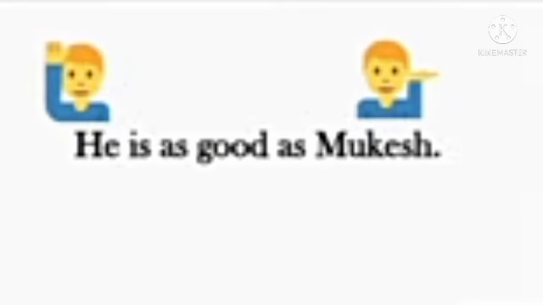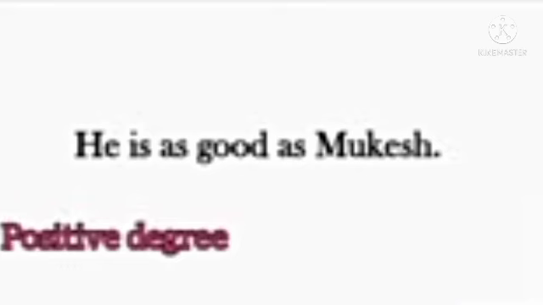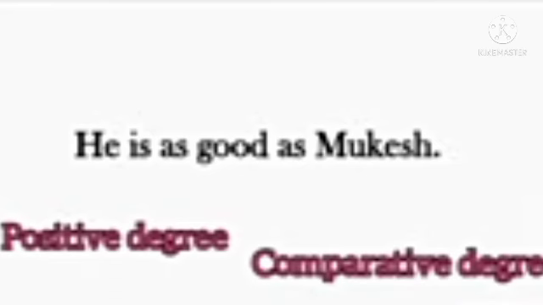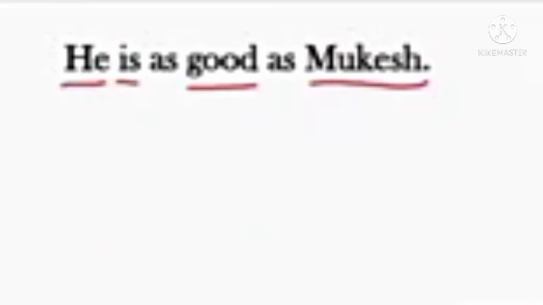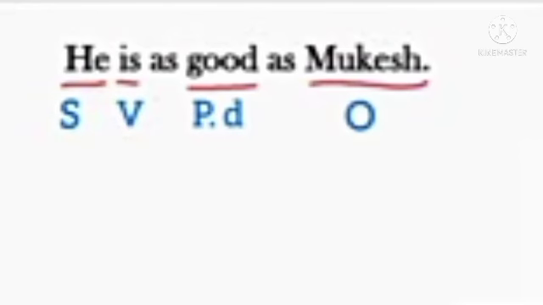He is as good as Mukesh. See here, in the given sentence, we are comparing two persons and the degree is positive. So we will change this sentence into comparative degree. At first we will identify the things in the sentence: he is the subject, is is the verb, good is the positive degree and Mukesh is the object.